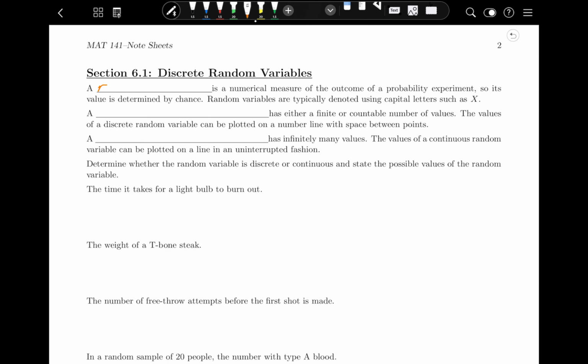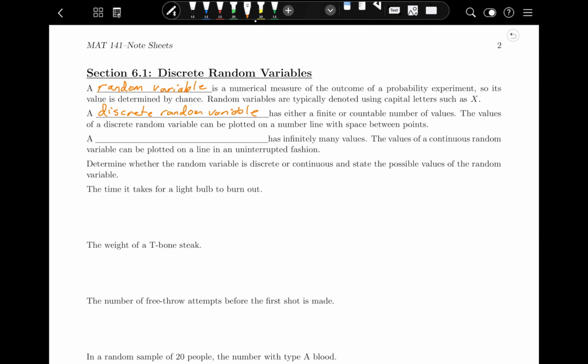A random variable is a numerical measure of the outcome of a probability experiment, so its value is determined by chance. Random variables are typically denoted using capital letters such as X. A discrete random variable has either a finite or countable number of values.